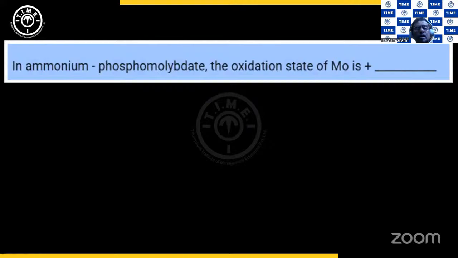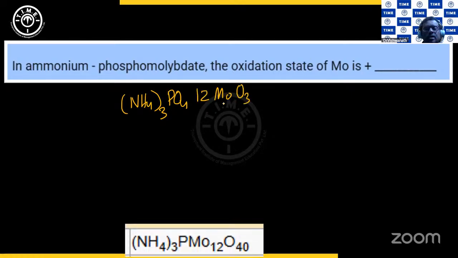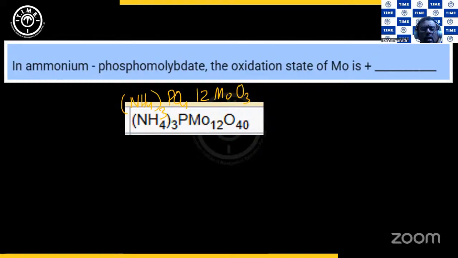Now in ammonium phosphomolybdate, the oxidation state of Mo is. Now we need to know what is the formula for this ammonium phosphomolybdate. You know that this is (NH4)3 PO4 12 MoO3, which can be put like this now. (NH4)3 P. So this translates to that. Now ammonium is +1. So 3 into +1, and phosphate is -3.